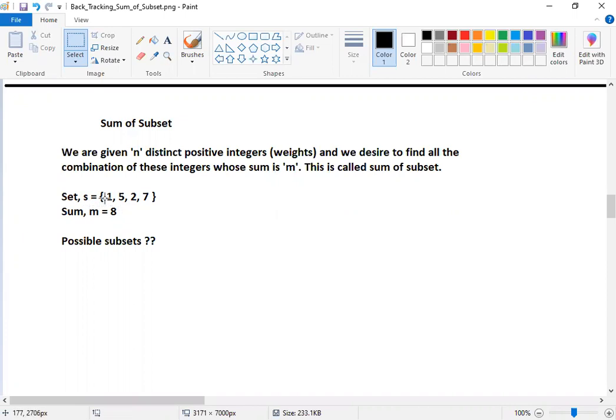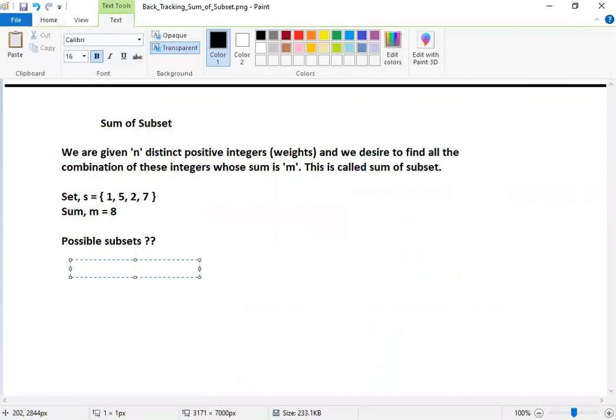For instance here, if I add 1, 5 and 2, then the sum is going to be 8. Then I can say that one of the subsets here, I can denote it as a subset S1. This S1, I can have 1, 5 and 2. If I have these values, then whatever the total sum I obtain, that sum is going to be 8.